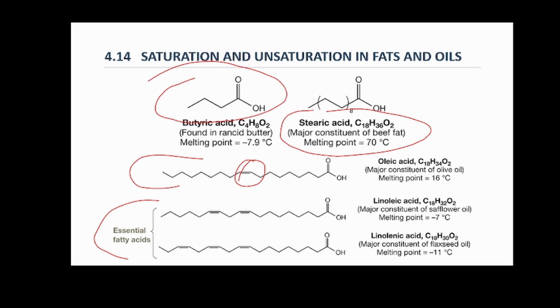It's the things we produce. We don't produce these structures, so they're essential in our diet because we have difficulty, if we can at all, producing them. Most essential fatty acids, we just don't produce at all, but we need those structures to make other stuff.